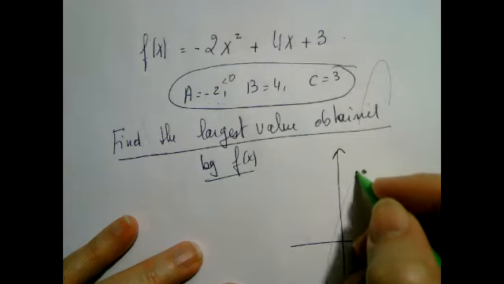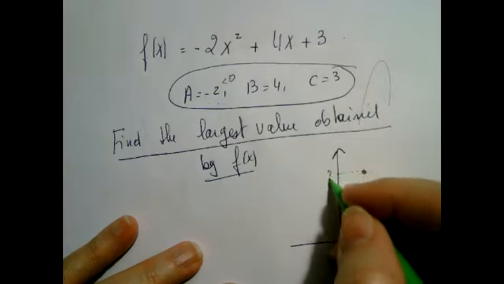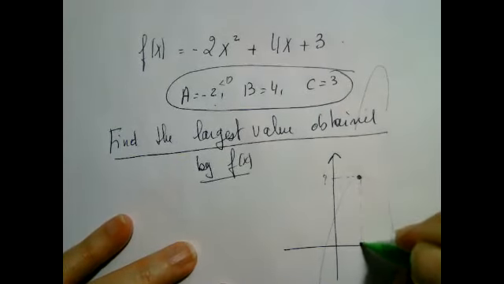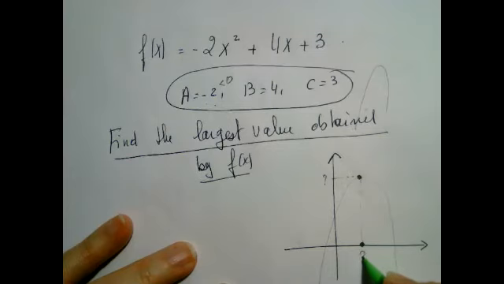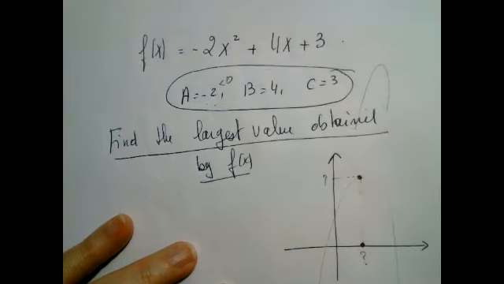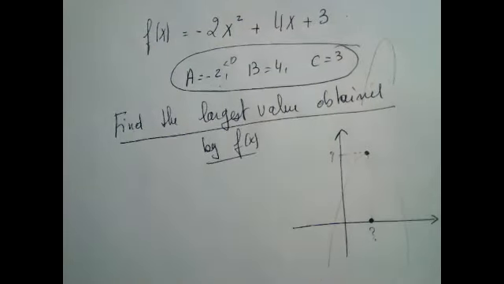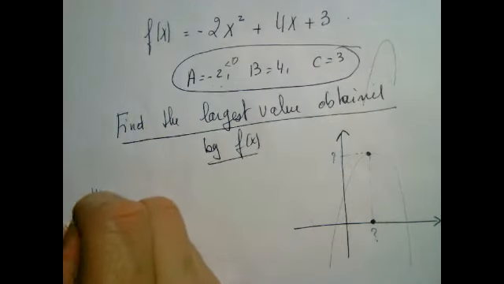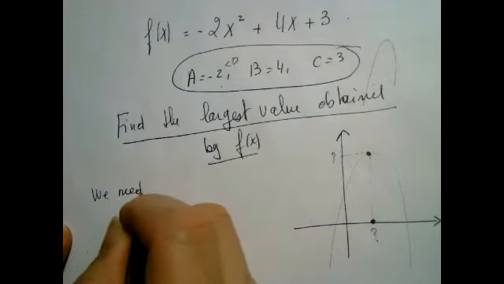To find it, I need to first find the vertex. Once I find the vertex, I plug its x value into the function and I find the largest value. So we need to find the vertex.